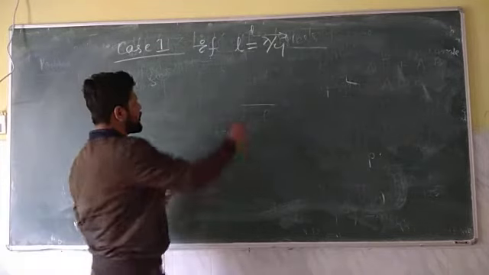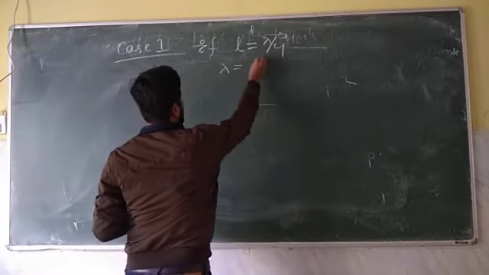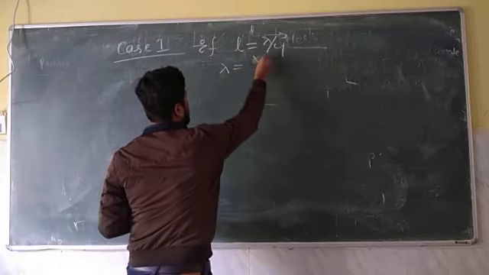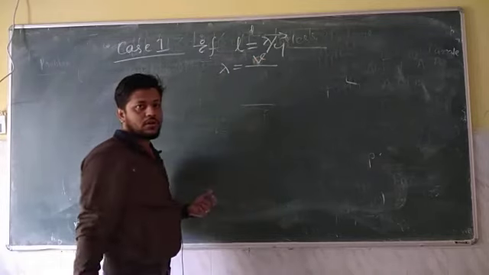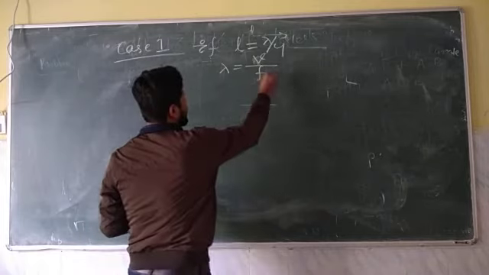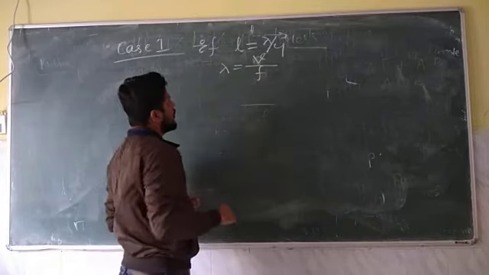So how to calculate wavelength? Wavelength is always calculated by the velocity of your wave divided by frequency. Velocity by frequency always gives you lambda.